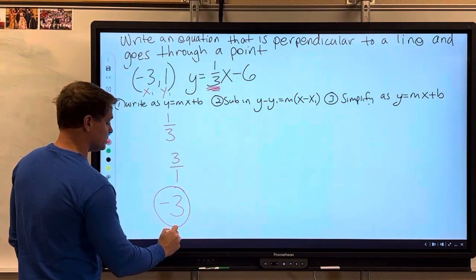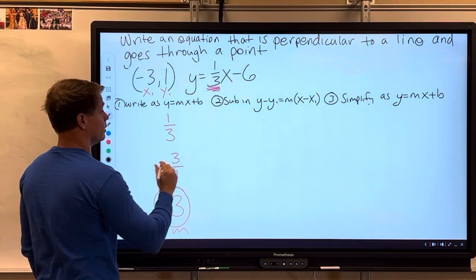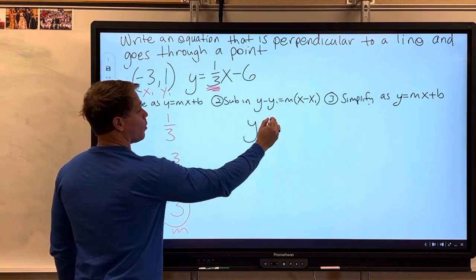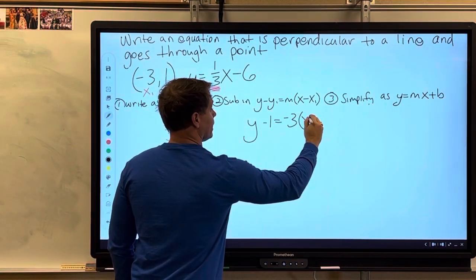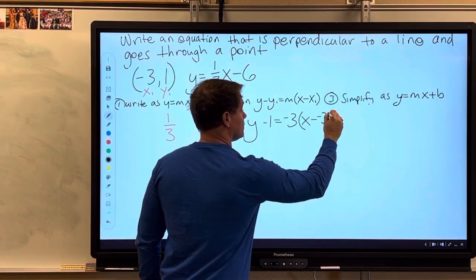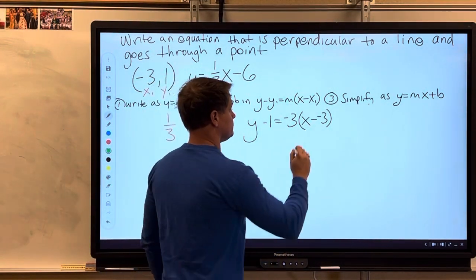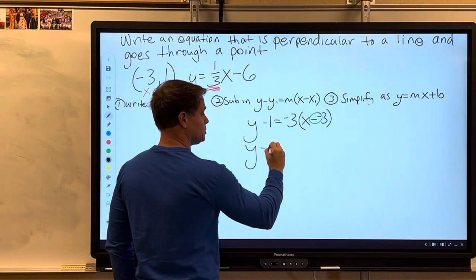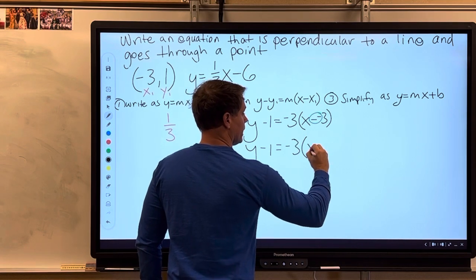I'm going to put this number, which is now m, into this equation right here. So y minus y1 is 1. The slope is negative 3. x minus negative 3. Now don't forget, two negatives make a positive. So I'm going to write this as y minus 1 equals negative 3 (x plus 3).